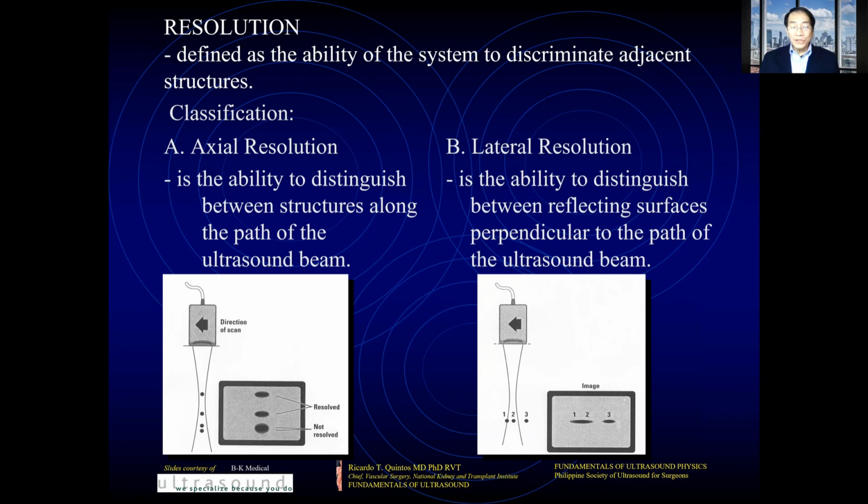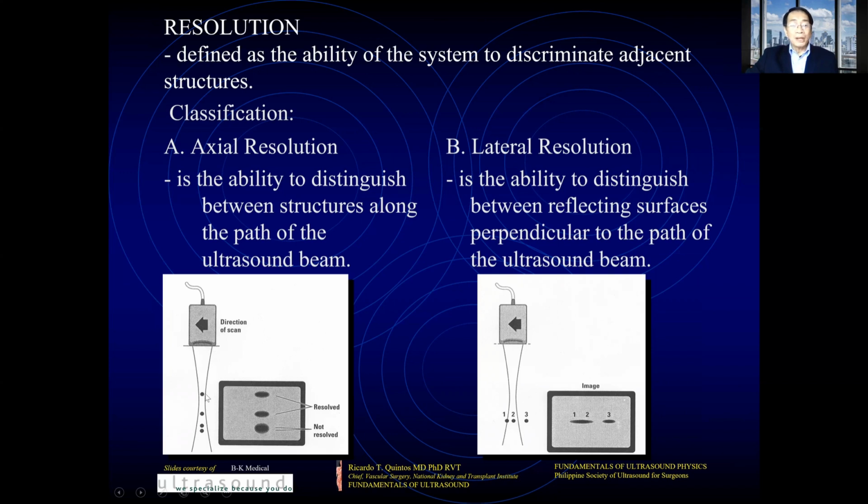Because if you cannot resolve them and the two structures are seen as one, then there is very poor resolution, and you get a very blurry image.